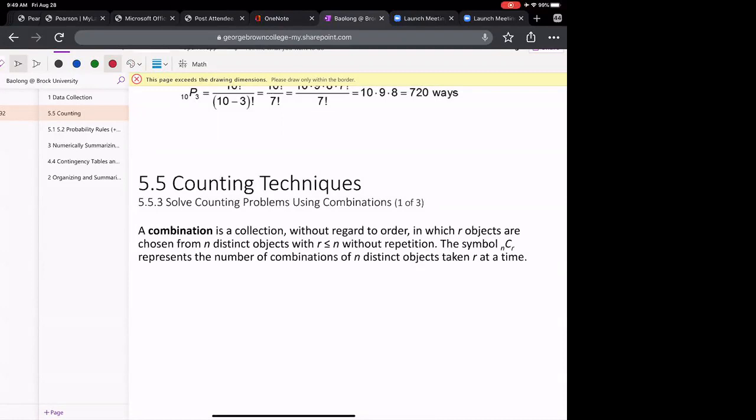We use the simple notation nCr to represent the number of combinations of n distinct objects taken r at a time. In combination, order does not matter. In permutation, order matters.